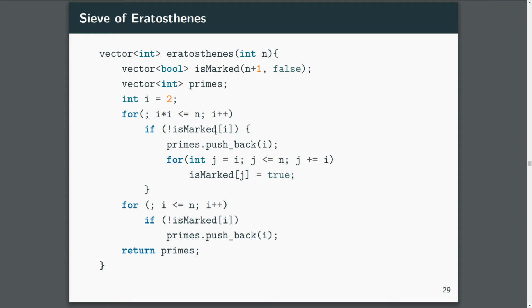If the value is not marked, then it is a prime, so we add it to our result vector, and then we go through all of its multiples and mark them. Then afterwards we have some values which are greater than the square root of n, which may be primes. So we iterate up to n here and add them if they're not marked.